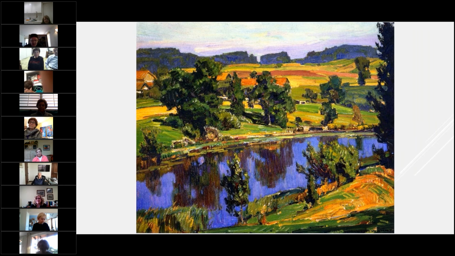So this is very, very modern for Wendt. This is 1927. So it's not only very forward-looking stylistically, but in many ways it's timeless because it could have been painted really any time between the 1940s or 50s and today.